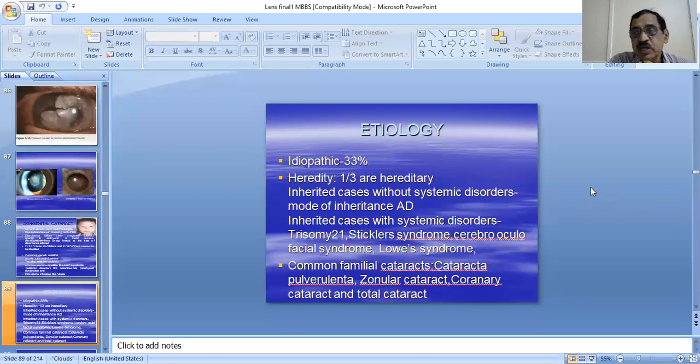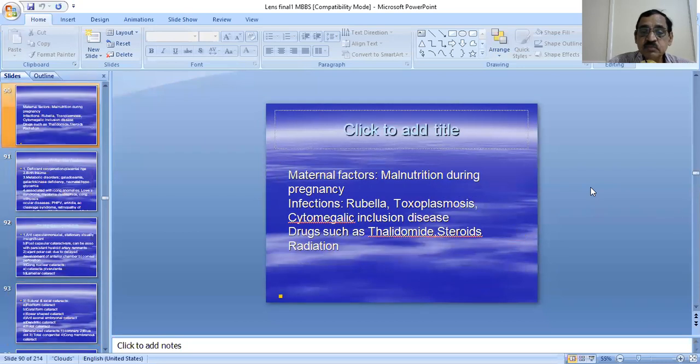Common familial cataracts are cataracta pulverulenta, zonular cataract, coronary cataract, and total cataract. There are certain maternal factors which contribute to the formation of a congenital cataract, such as malnutrition of the mother during the pregnancy.